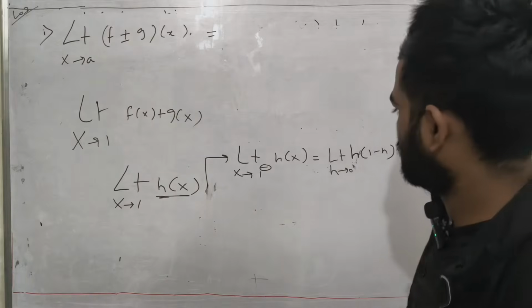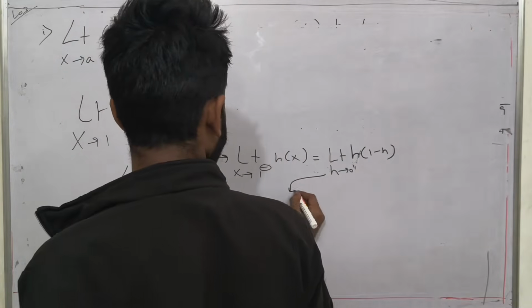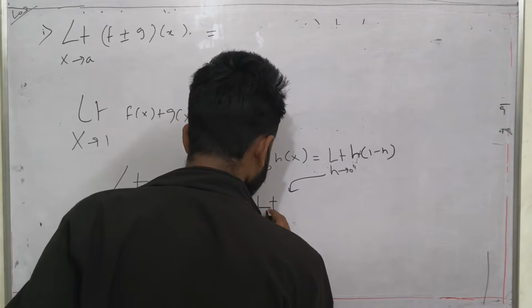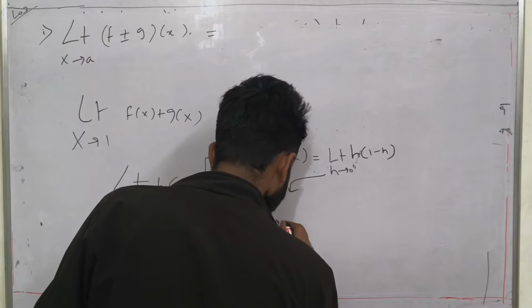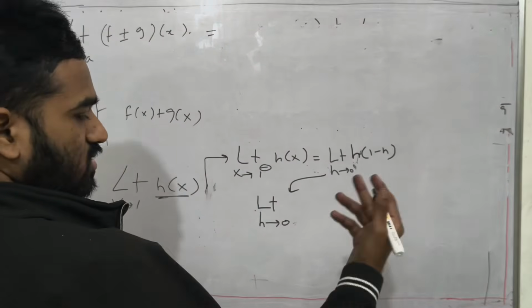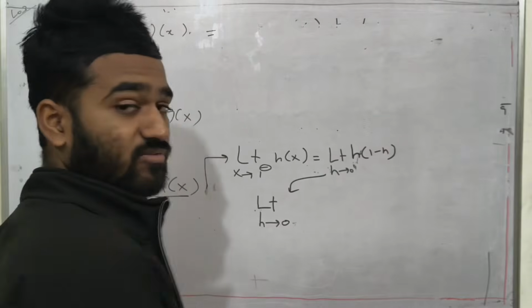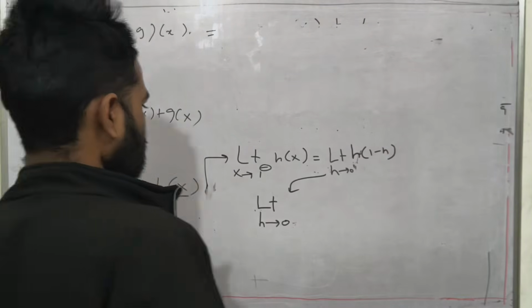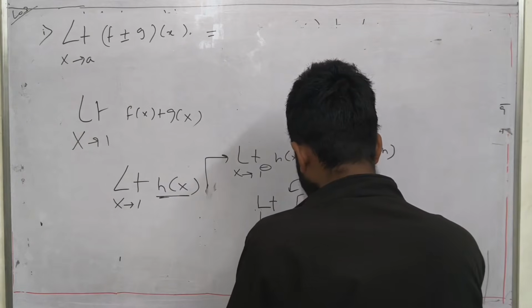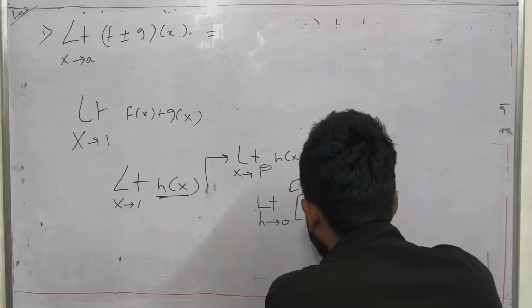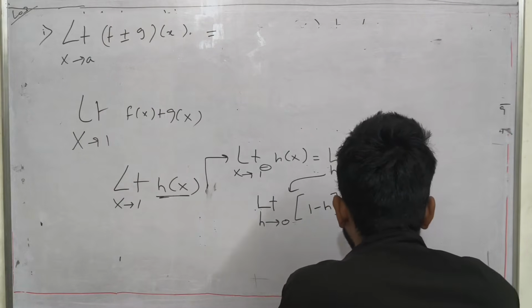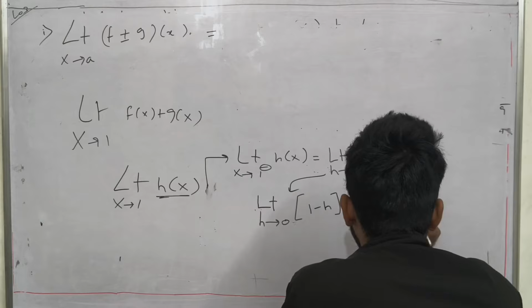Good. We consider h as step x plus flower part of x, so h of 1 minus h is step of 1 minus h plus flower part of 1 minus h.